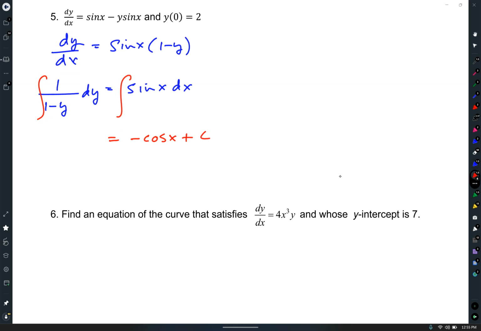I think y'all are going to be good on the negative cosine. That's not the problem. It's the left side that I think is going to be the mistake. You know what it's going to be, Christopher? Don't say it.